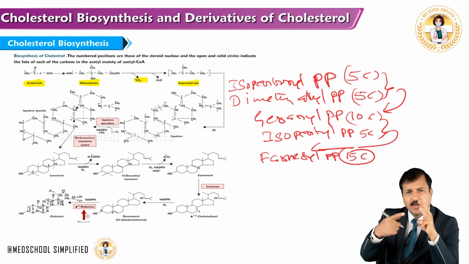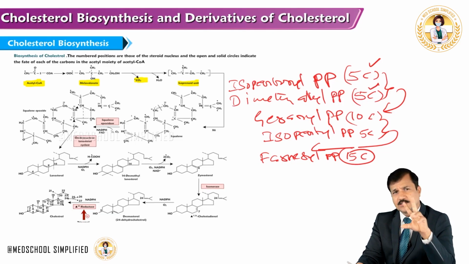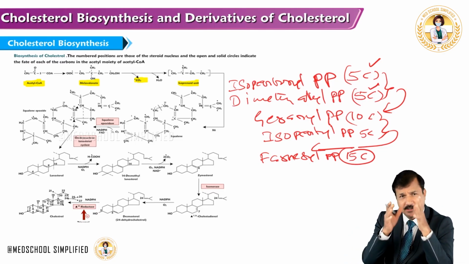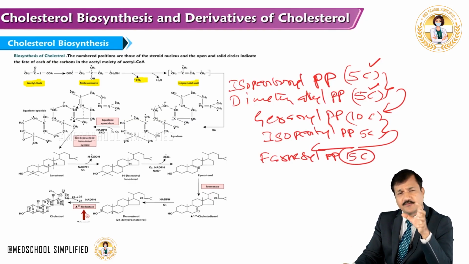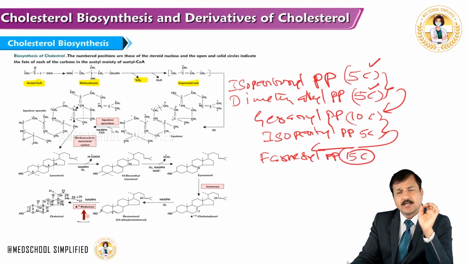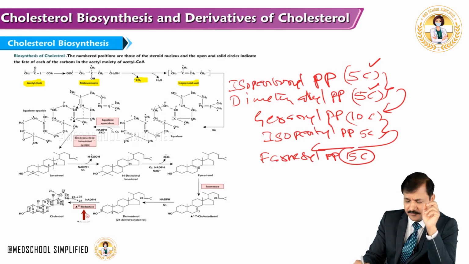That is, 1 molecule of isopentenyl pyrophosphate, 5-carbon, is converted into dimethyl allyl pyrophosphate, another 5-carbon. So 2 isoprenoid units there. They both combine to make geranyl pyrophosphate, 10-carbon, 2 isoprenoid units, and the 10-carbon geranyl pyrophosphate combines with one more isopentenyl pyrophosphate, 5 more carbons, that is 15-carbon farnesyl pyrophosphate. That means we have 3 isoprenoid units in 15-carbon farnesyl pyrophosphate.